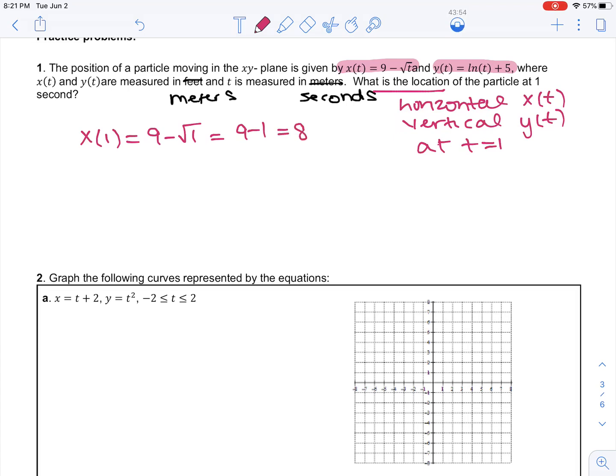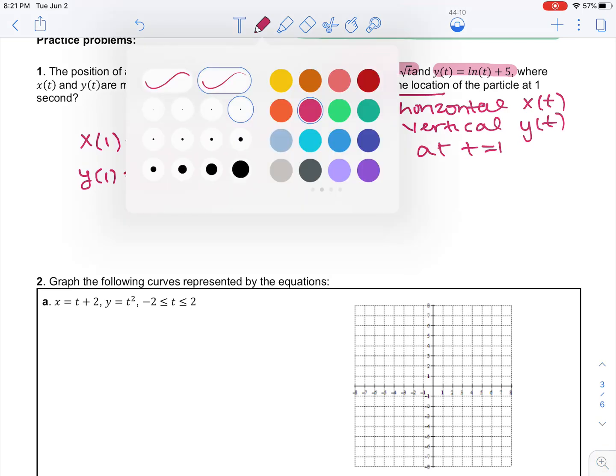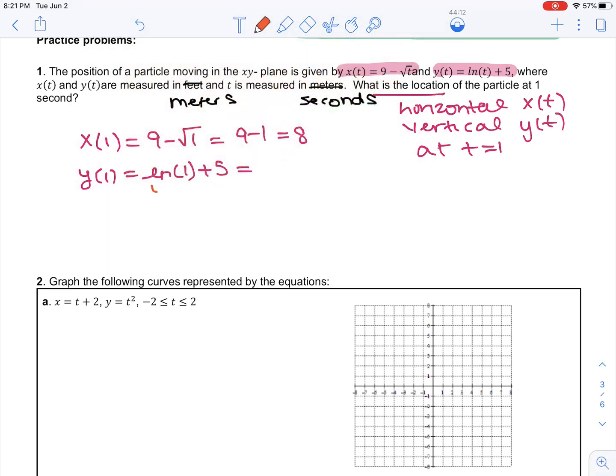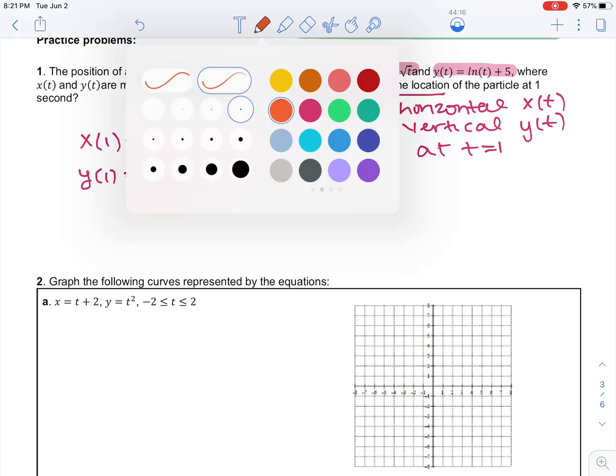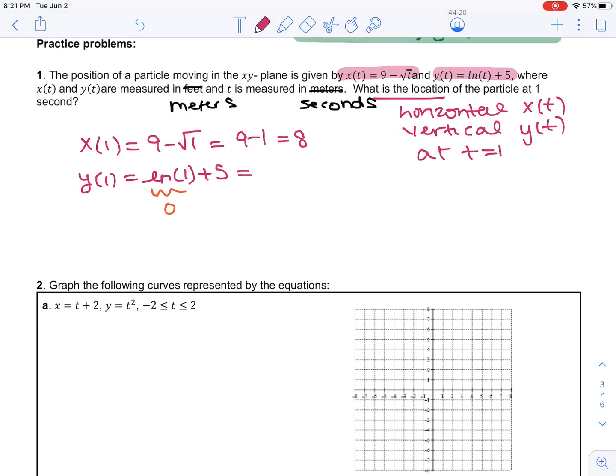And then we also need to look at our vertical location, right? Our vertical distance. So y of 1 is going to be equal to the natural log of 1 plus 5. This is a good opportunity to remind ourselves of some properties of logs. Remember, natural log of 1 is just 0. So y of 1 is 0 plus 5, or just 5.